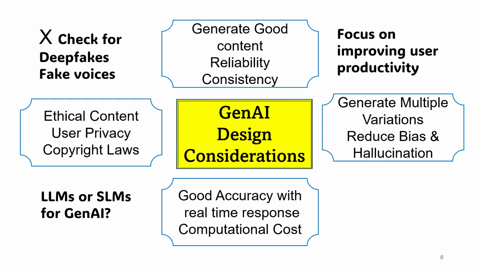If a user asks to write product descriptions or generate content for advertising 5 products, the Gen AI tool should be able to generate the product description or the advertisement content with multiple variations in less than 5 minutes or so, so that users can choose the response that is more appropriate for the requirement.